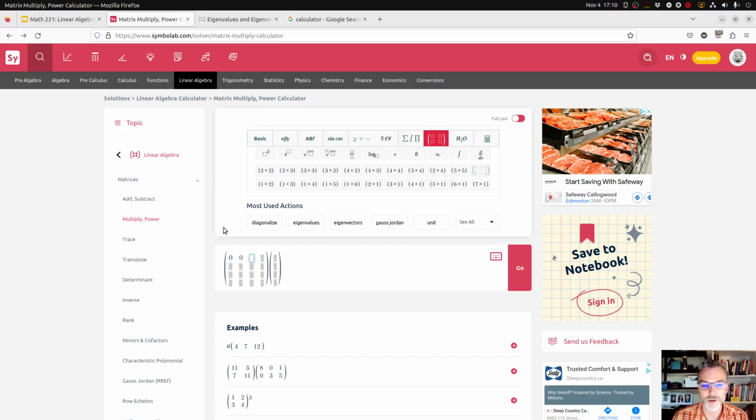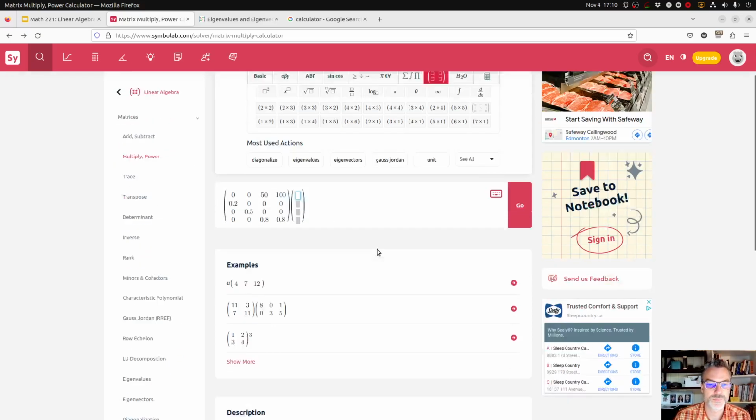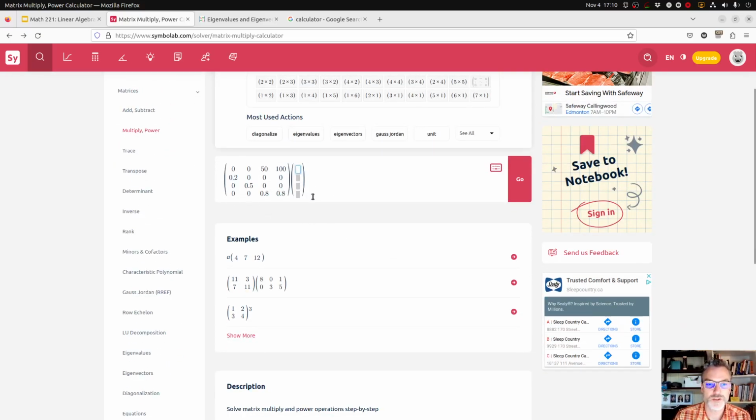I'll just enter in here very quickly. 0.2, 0, 0, 0, 0.5. Okay. Remember, as you're seeing these appear, what each one of them means. Okay. So this is that transition matrix. And then I can start with a vector that describes the current makeup of the forest.